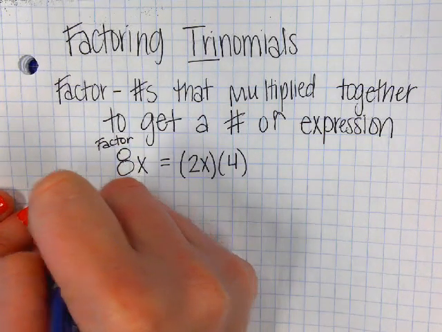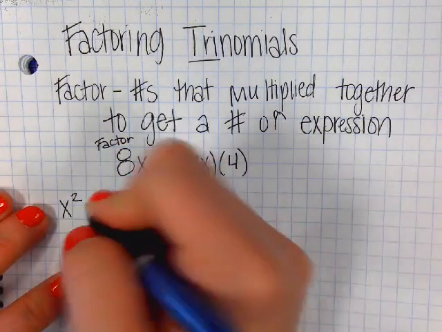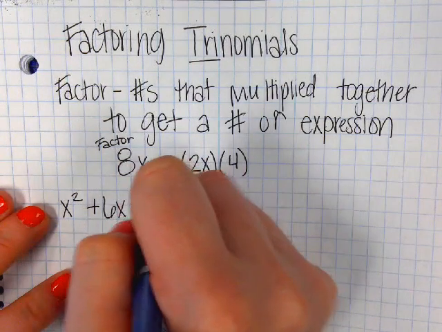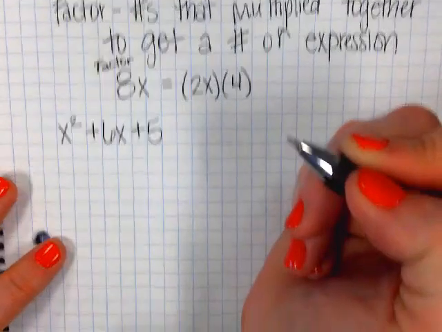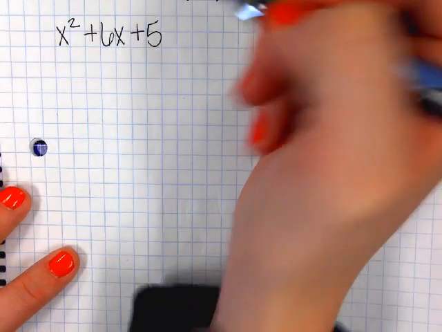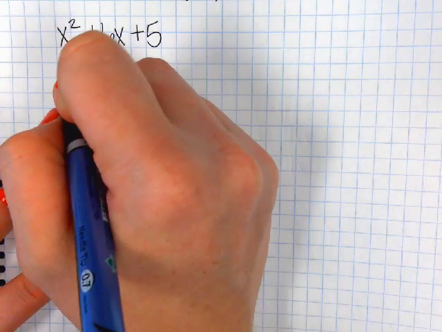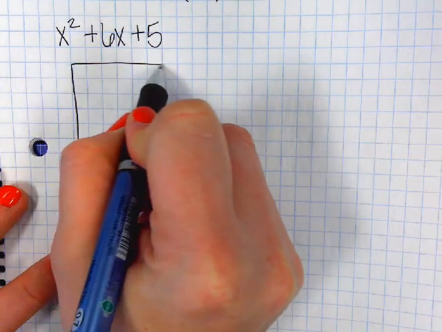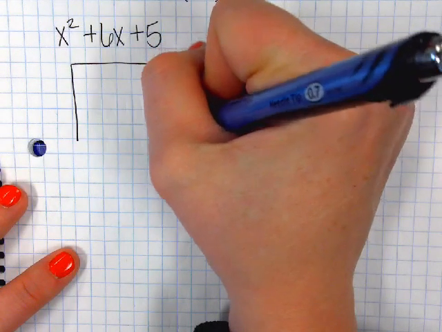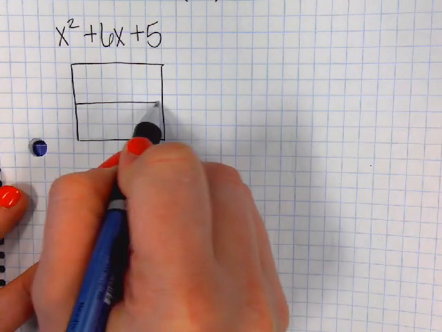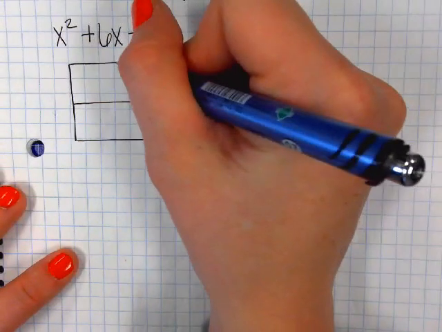Okay, so let's do an example. So if we have x squared plus 6x plus 5. Now, I am going to use the box on these just because most people are visual and it helps you lay it all out. The box, just like we did on our entry task.